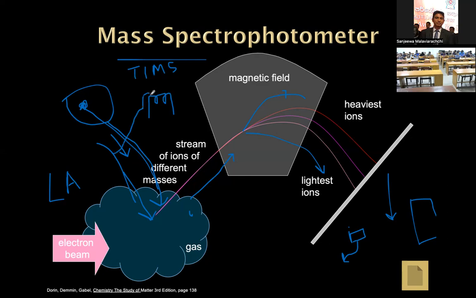Okay, on top of the filament, the drops of this solution are put, and this filament then evaporates the material, putting it into a gaseous form, and that gas goes into the magnetic field and resolves into the isotopes.